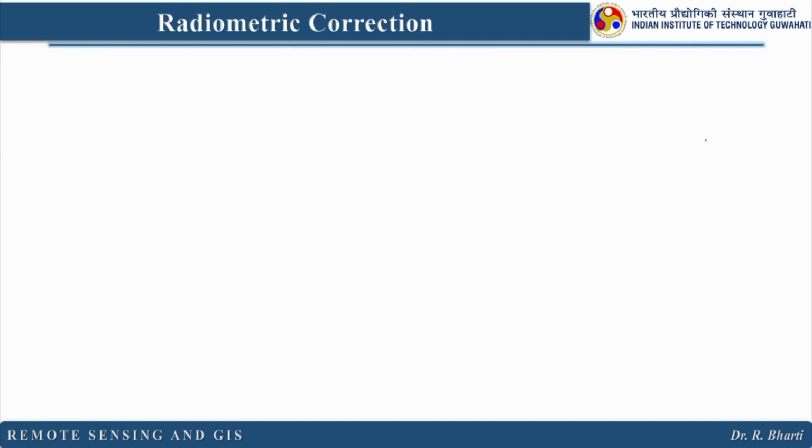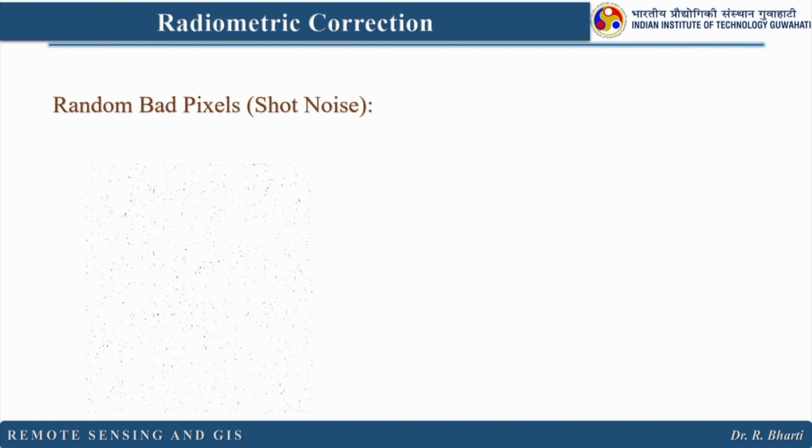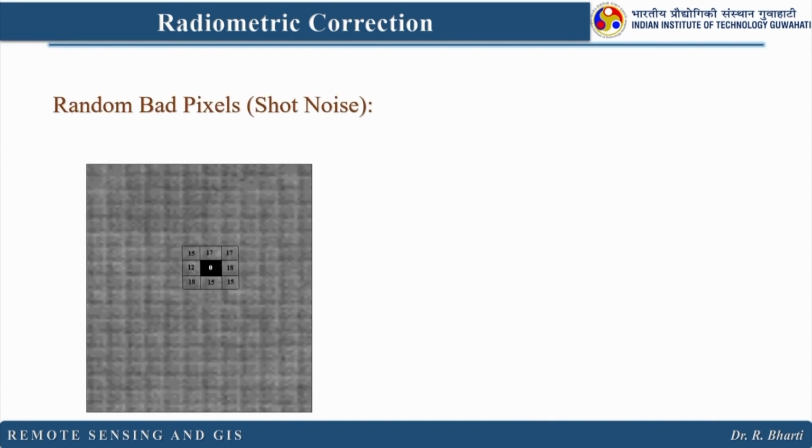So how do we calculate that? Here I have chosen some random numbers just to explain the logic. This is the value 0 which has been recorded by the sensor, but it was supposed to be some different value, right?